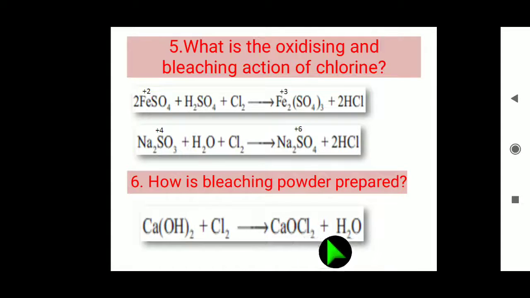Okay, here the balance is so easy. Hydrogen 2, here also 2, chlorine 2, here also 2, oxygen here 2, right side also 2. No moles need to be added here, already balanced.